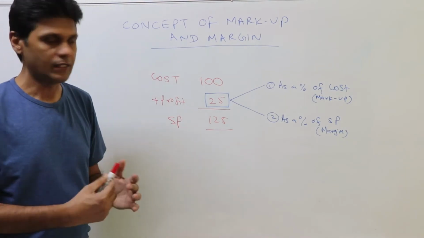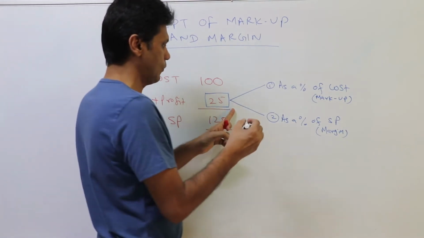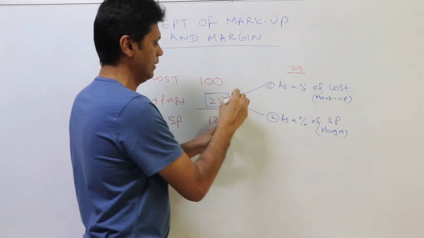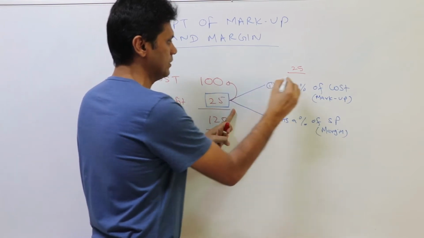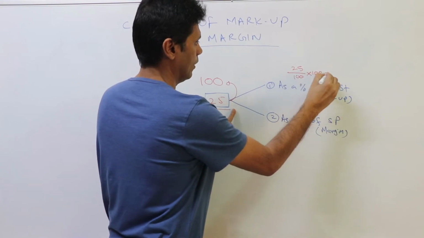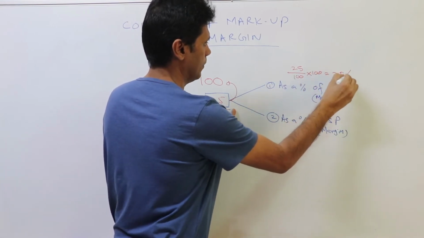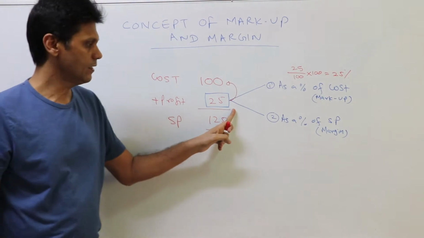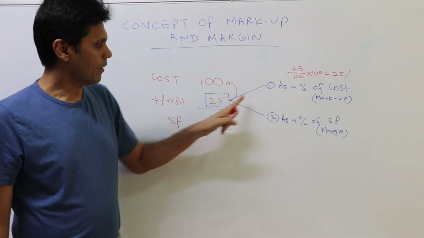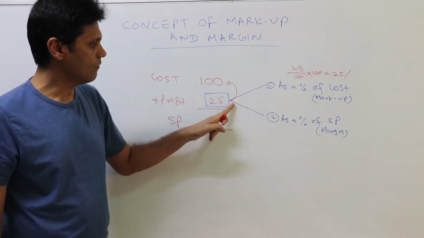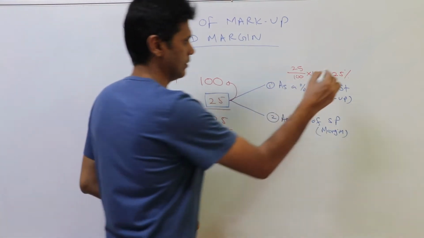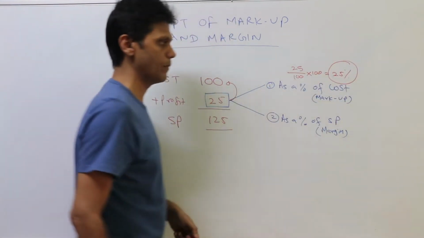So let's calculate. If the profit is 25, then 25 divided by the cost, which is 100, times 100 will be 25%. So the profit is calculated as a percentage of the cost. We can say the markup is 25%.